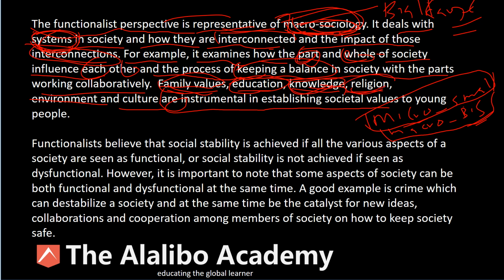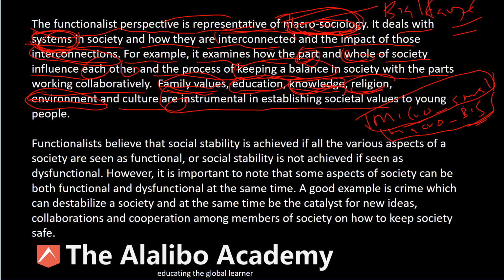Religion influences people in a very significant way. The environment influences people in a very significant way as well, the environment where you are being raised, and the values that are inculcated in people regarding the environment. The physical environment where you were raised, geographically, has a significant impact on society.